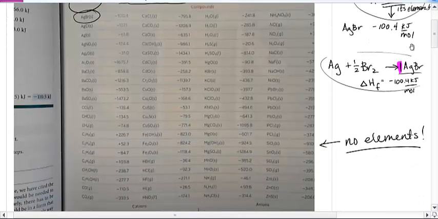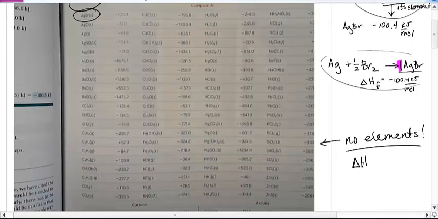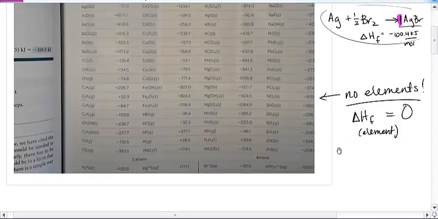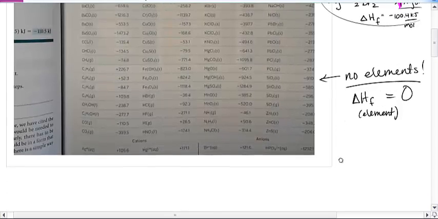It can't be an element. What that means is that the delta H of formation for any element is always 0. Always. Some of you are going to take the test and try to look for an element and then come up to me and say, where is it? It's not there, Mrs. May. And incidentally, you don't have to memorize this chart. This would be provided to you, or the numbers would be provided to you.